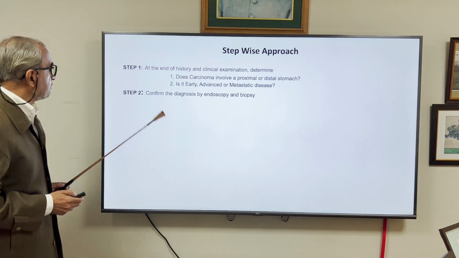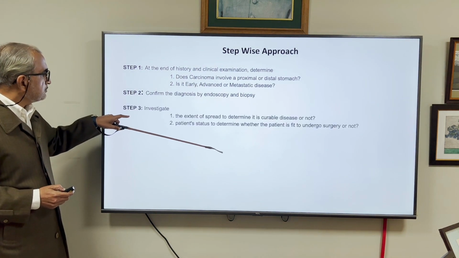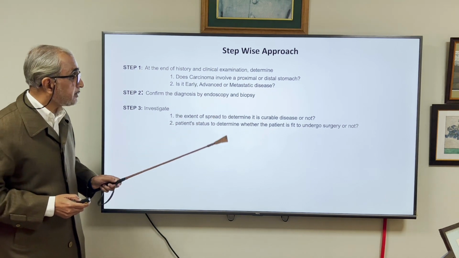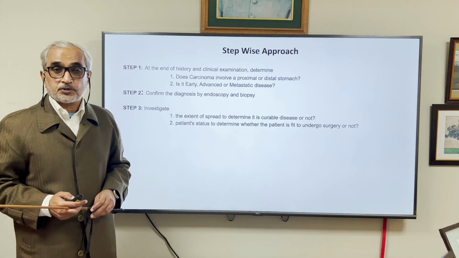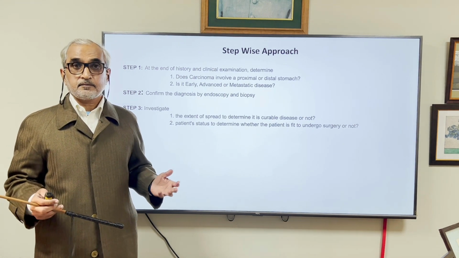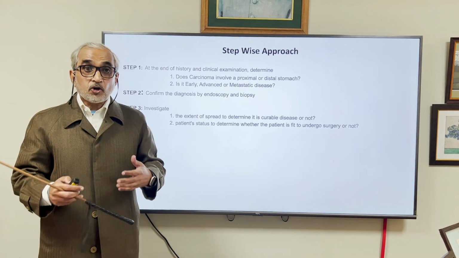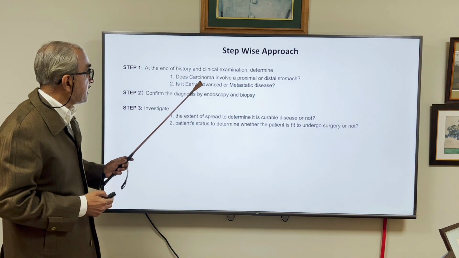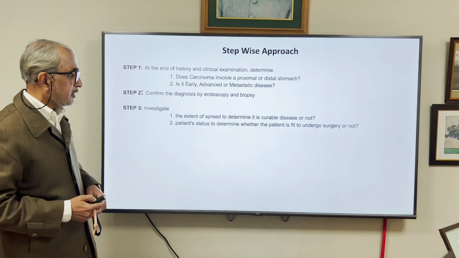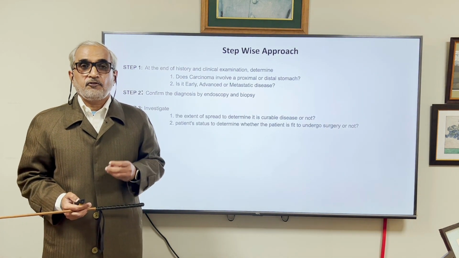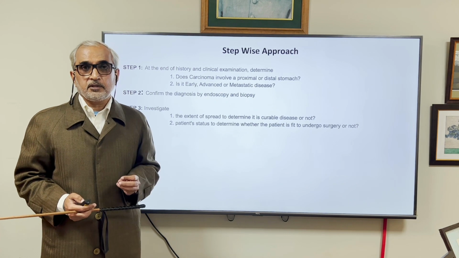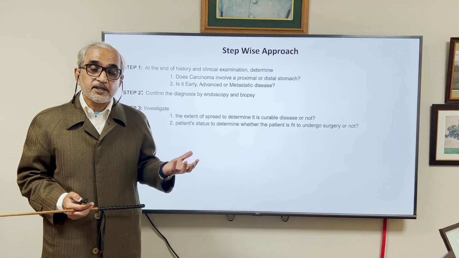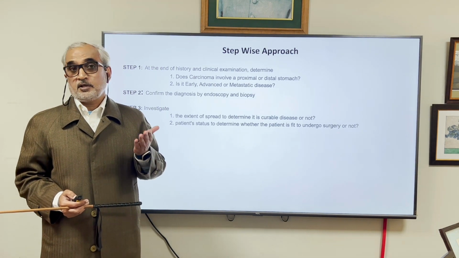Once you have confirmed, then comes step 3: investigate the extent of spread, and this is important, how much spread there is within the abdomen or outside into other systems, so that we know whether it is early, advanced or metastatic, because that is going to determine whether the cancer is curable or not, and whether its treatment is primarily surgery or chemotherapy.